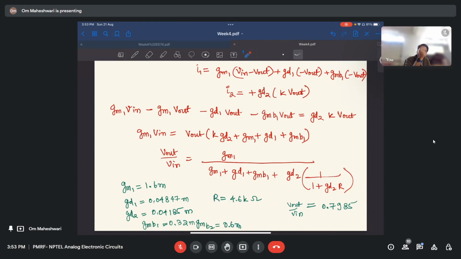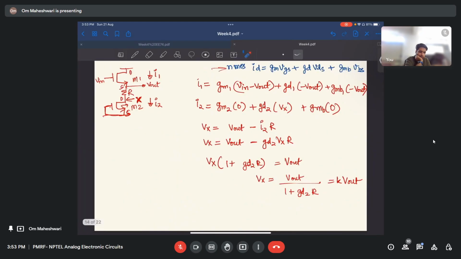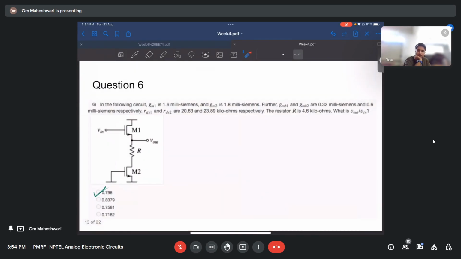Sir, can you show the circuit diagram? Yes, this one. Sir, can we draw the equivalent resistance of M2, then add this to R and use the common drain formula?